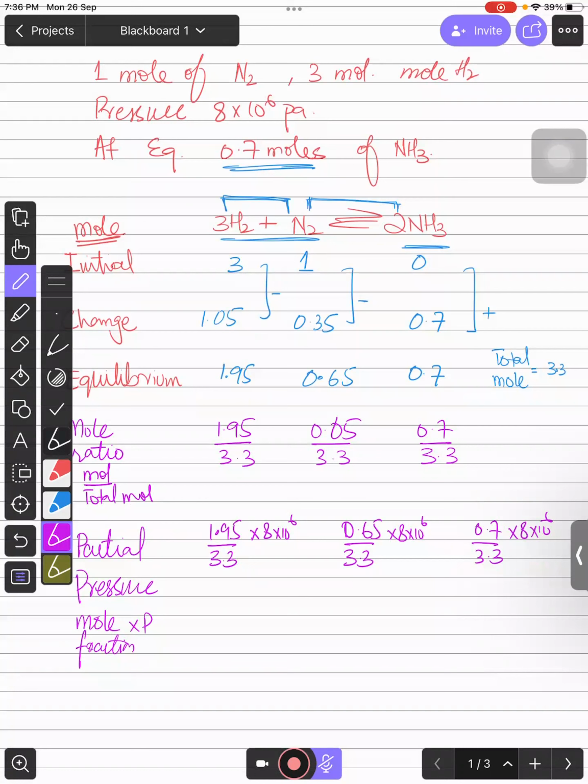Okay, where's the calculator? Here it is.